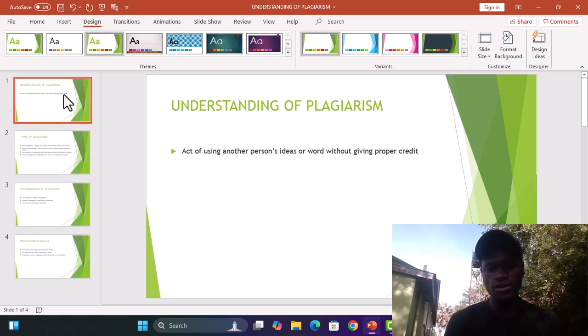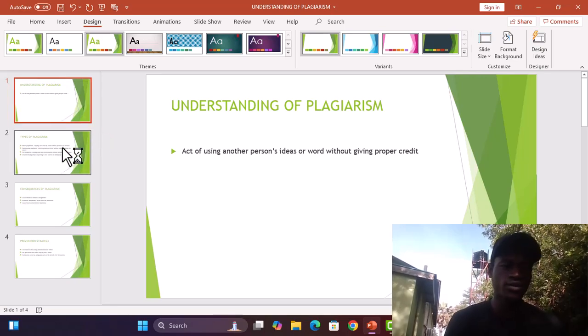That is what makes us say you are doing plagiarism. You have to state the source where you extracted that information from. So that is what we call understanding of plagiarism.